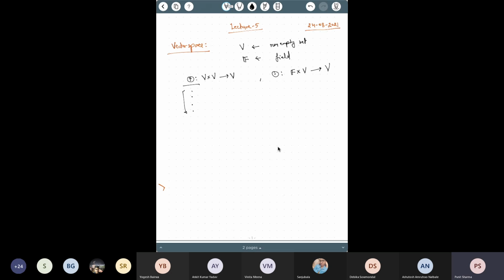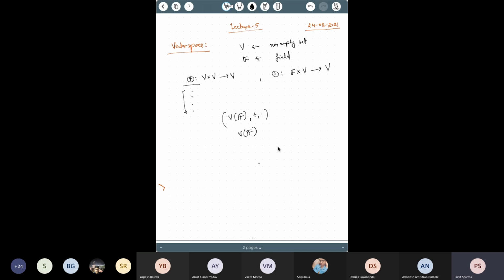To denote a vector space, we use the notation V over F with these two operations. When the operations are obvious from the definition, we can just write V over F. Sometimes we don't even write the field, and just use V as a vector space when the field is well defined.